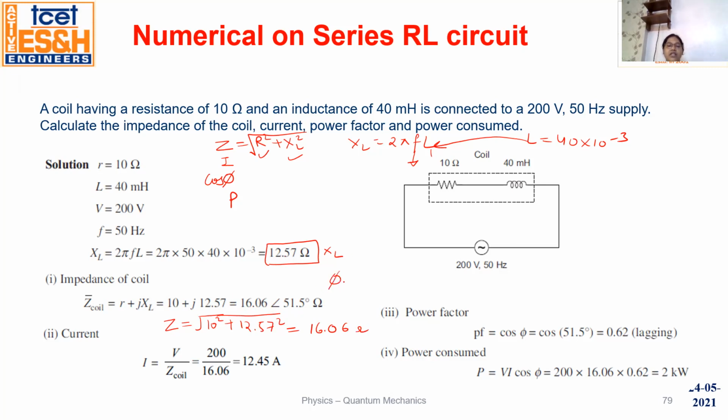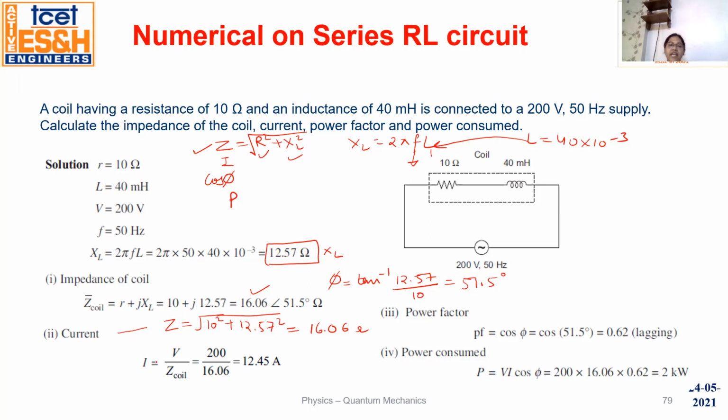Phi is equal to tan inverse of XL by R, that is 12.57 divided by 10. So it will give the angle of 51.5 degree. So this is the representation of Z in the polar form. So here we found Z.